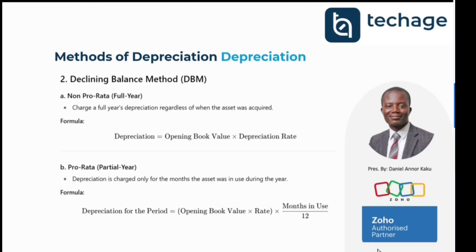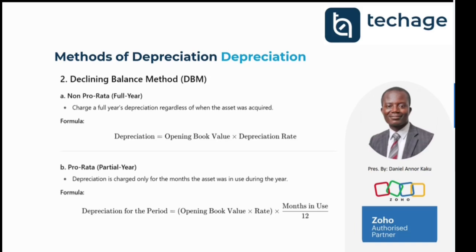Unlike the declining balance method, where depreciation is calculated on the net book value or the written down value. And in this case, if it is non-pro rata, it's going to be the opening book value times the depreciation rate. If it is on a prorated basis, which is a partial year, it is the opening balance times the rate times the months in use over the months in the year.